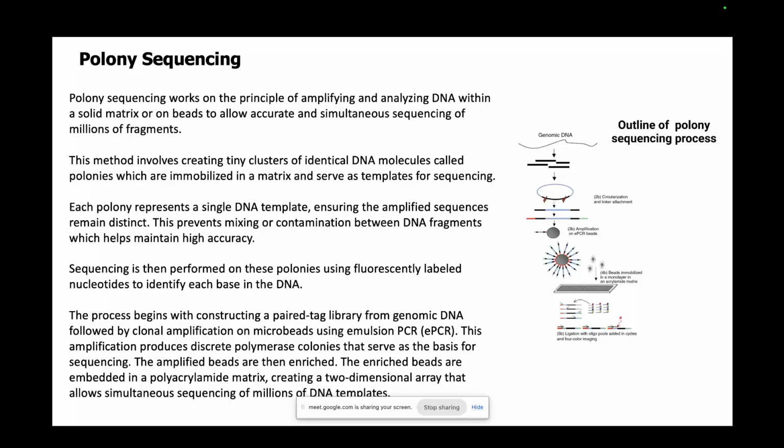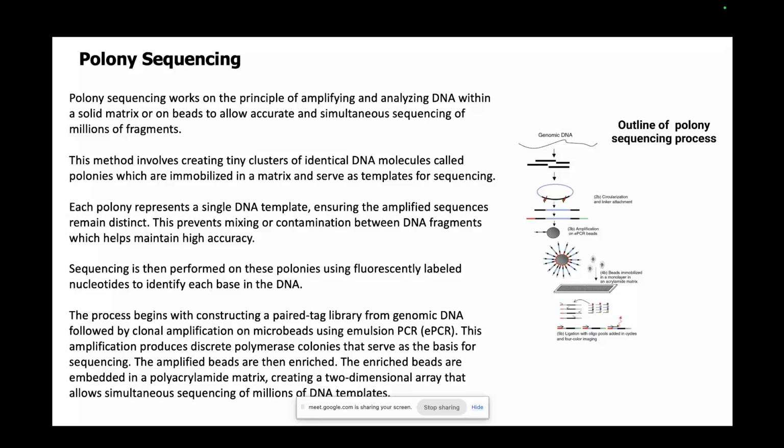So what it'll do is it'll sequence the DNA within a solid matrix or the DNA that is attached to a particular bead. So if you can hold these stretches of DNA in place across different wells or across different lanes of your flow cell, then you can create these tiny clusters of identical DNA molecules, which are called polonies. And these are immobilized within a matrix and serve as template for sequencing.